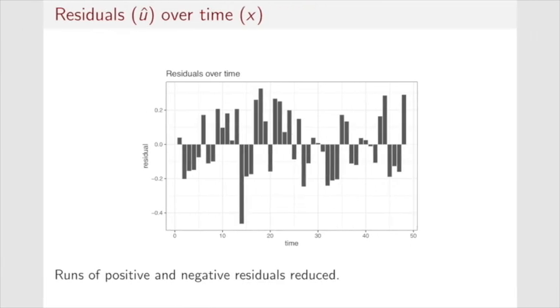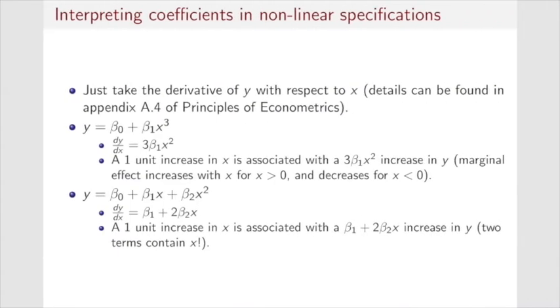Similarly, if we check the residuals over the independent variable time, we have more balanced positive and negative residuals. There are not many rounds of positive and negative residuals. How do we interpret the coefficients in nonlinear specifications?